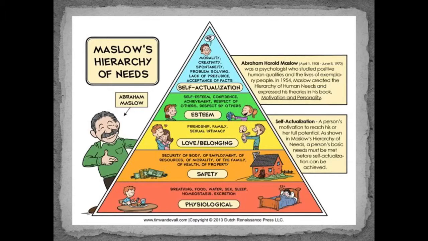The lowest, physiological, which is breathing, food, water, as noted here, etc., must be met in order to get to safety, and then love and belonging, finally esteem and self-actualization, which is your morality, creativity, spontaneity, etc. The fundamental lower order needs, like physiological and safety needs, must be addressed before a person can pursue higher level motivators. In the hierarchy diagram, after a need is satisfied, it is no longer a motivator, and the next level begins to motivate.